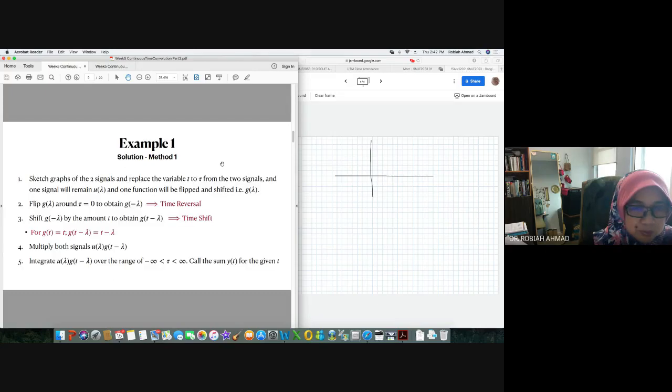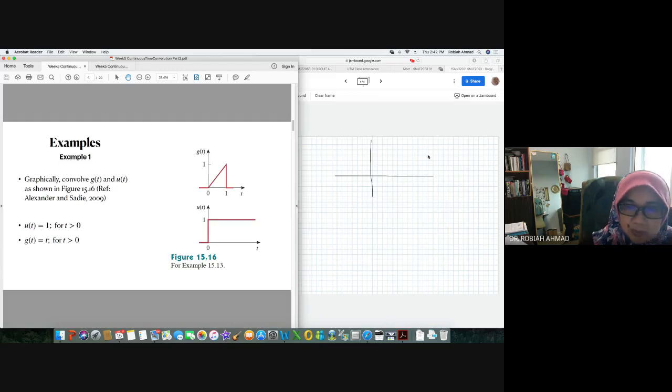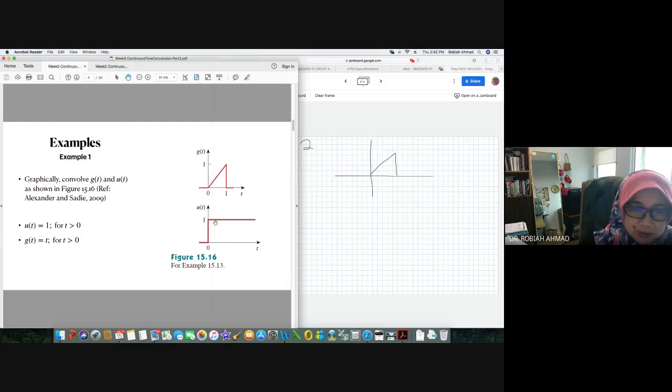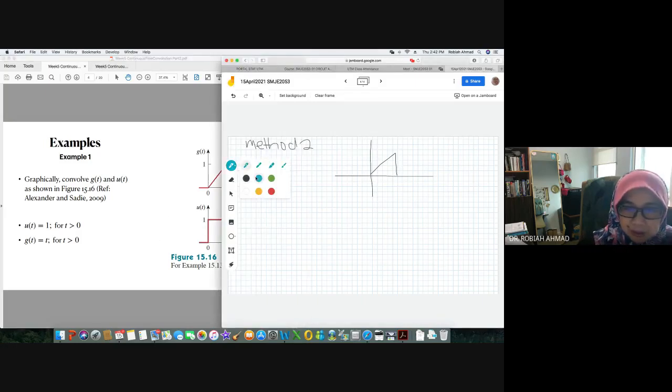This one we maintain, we don't shift it, we leave it. The one that we are going to shift and lift will be this one. So this one I will change to blue.